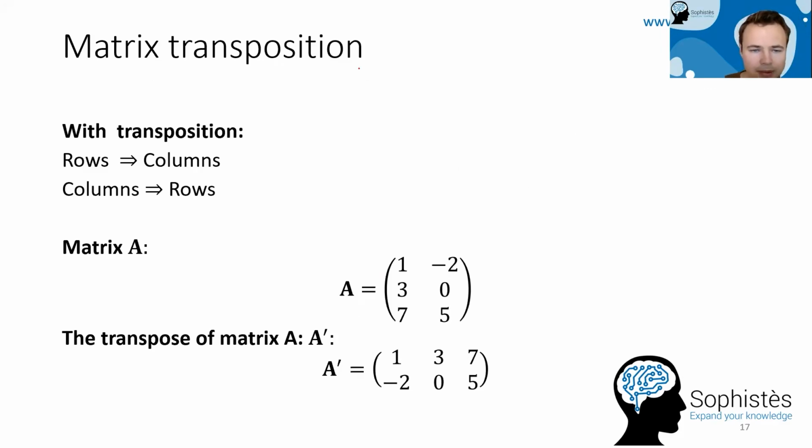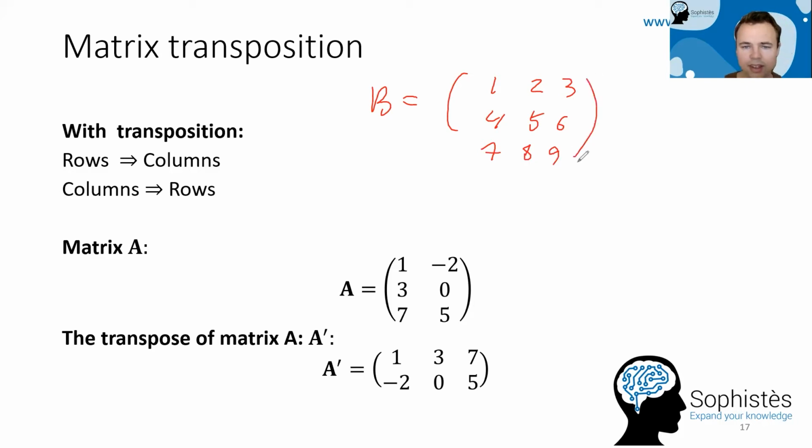So let's do another example. If I have the matrix B is 1, 2, 3, 4, 5, 6, 7, 8, 9. Here the order is 3 rows and 3 columns, right? It's a square matrix.